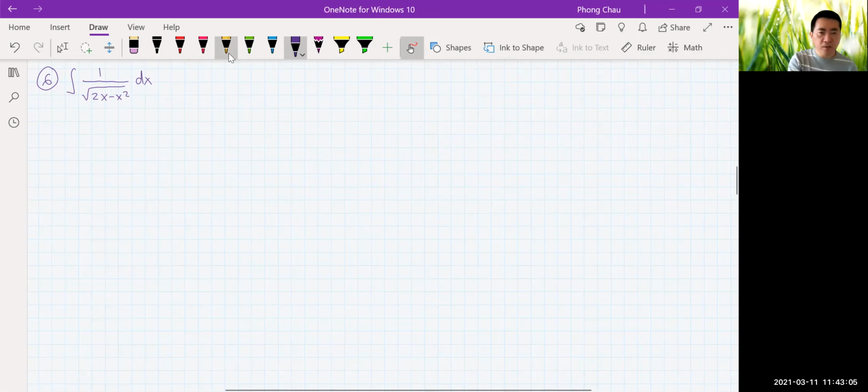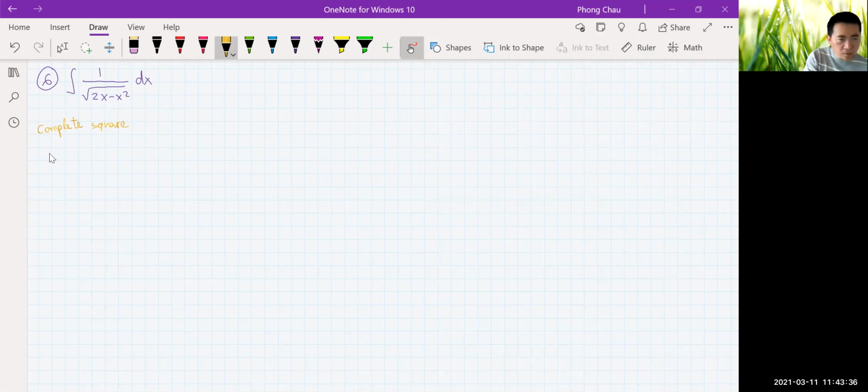So we have to do things on the side first, to make the quantity inside the radical a difference of squares. To do so, we have to use the technique called completing the square.